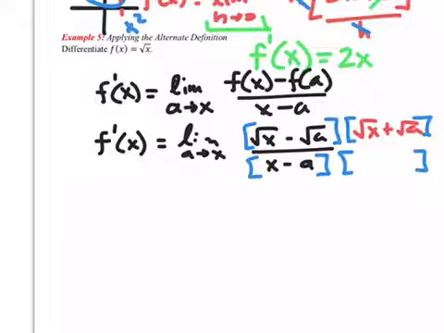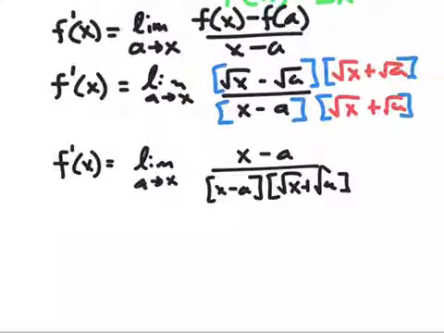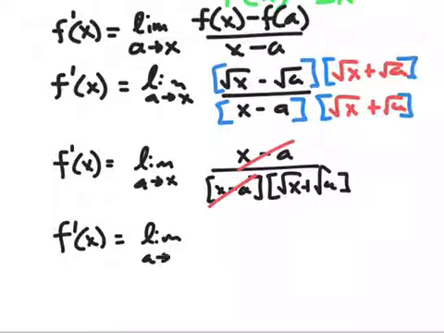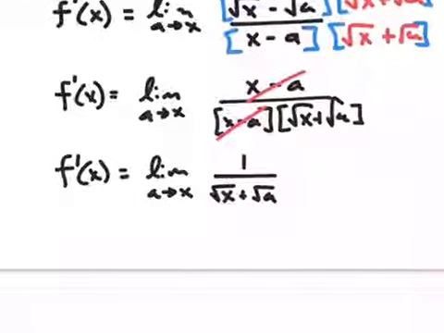So let's go ahead and do that. Let's do a little algebra on it and see where we get. When I FOILed the conjugates in the numerator, we got x minus a. So what we'll see is we get cancellation here. And as we take the limit as a goes to x of 1 over root x plus root a, we would just do a direct substitution.